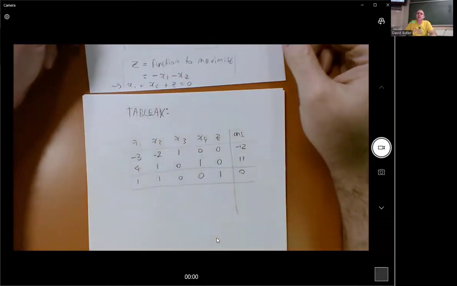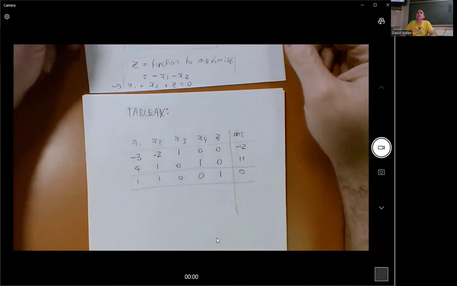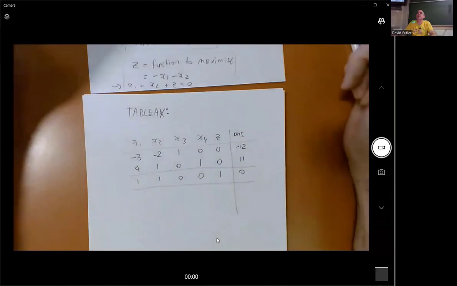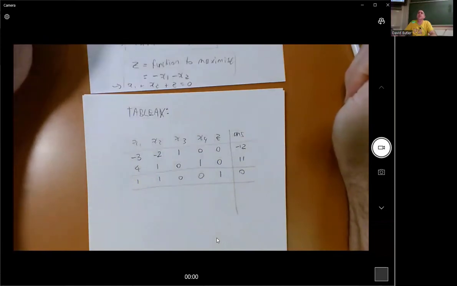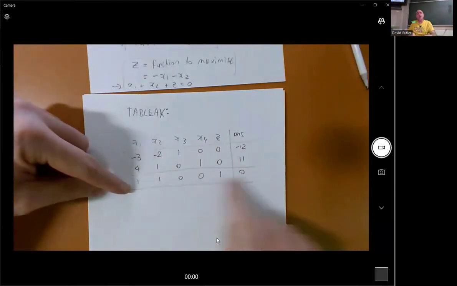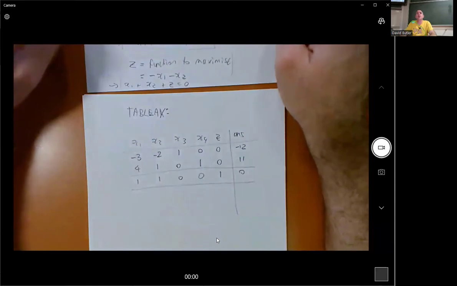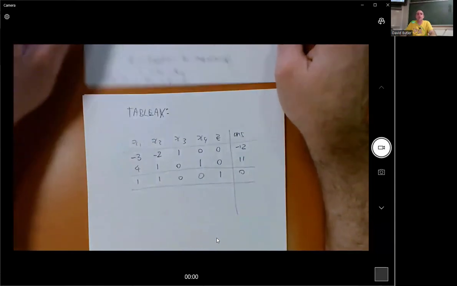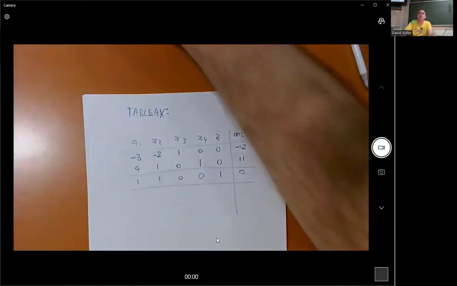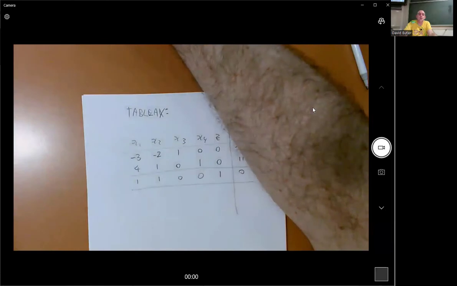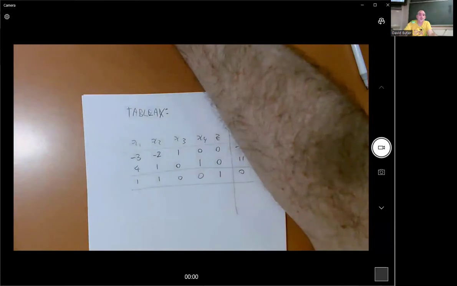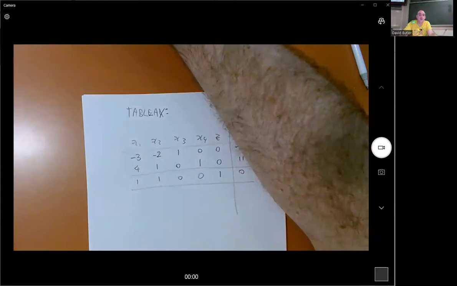I'm distressed because aren't you supposed to look for negative numbers? I don't have any. Isn't that what you're supposed to look for here, like the most negative? Give me a moment, just bear with me.